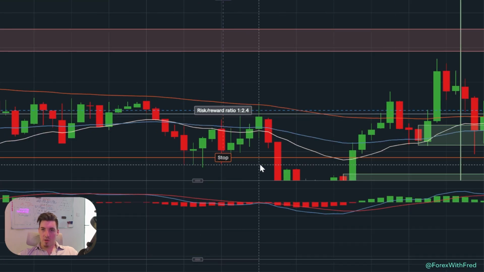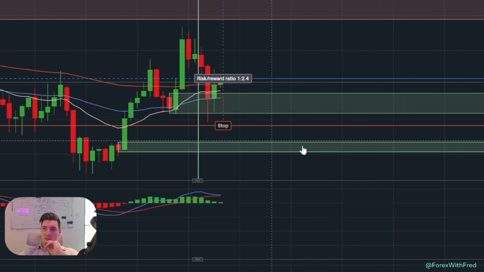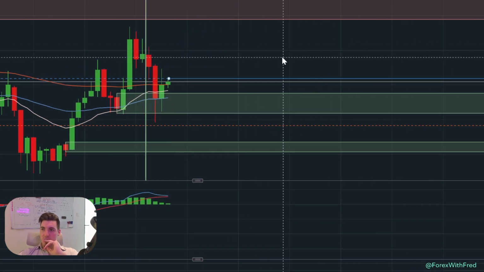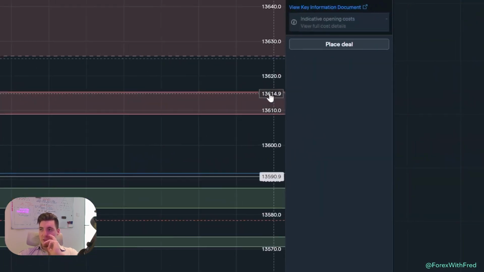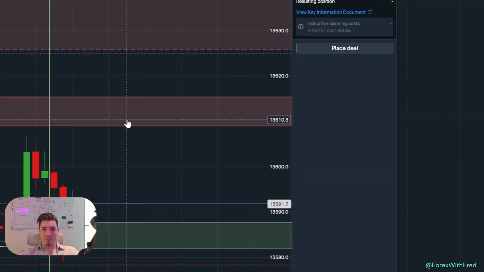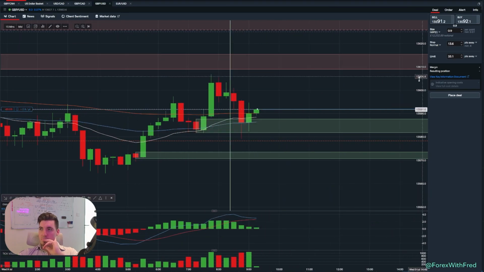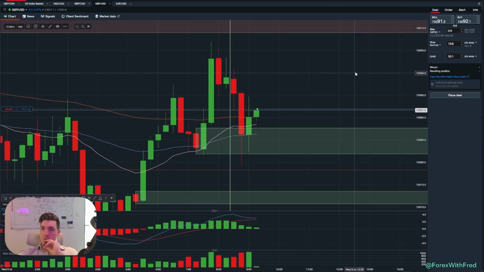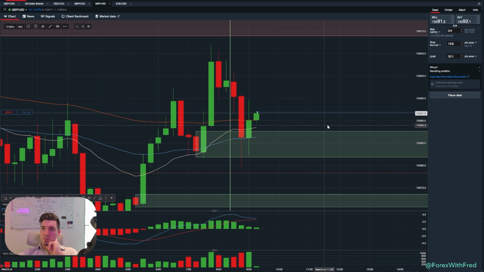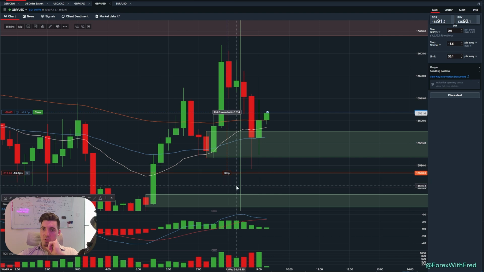So you can kind of see here. Hopefully this is a less tight stop loss than I had before. Just widen this up a little bit more. Okay, there we go, we can see that a little bit clearer. So stop is here, below that lowest low.